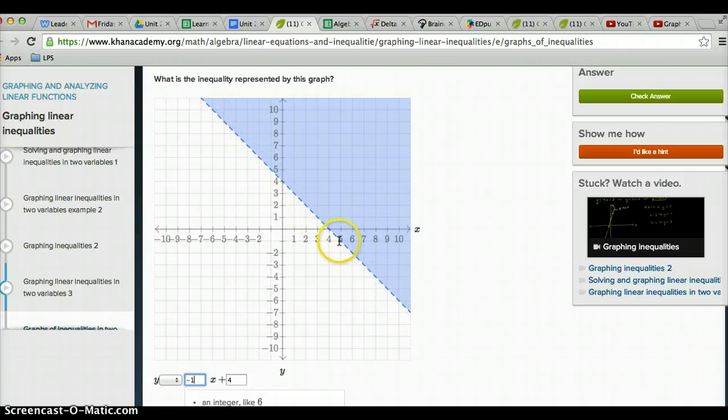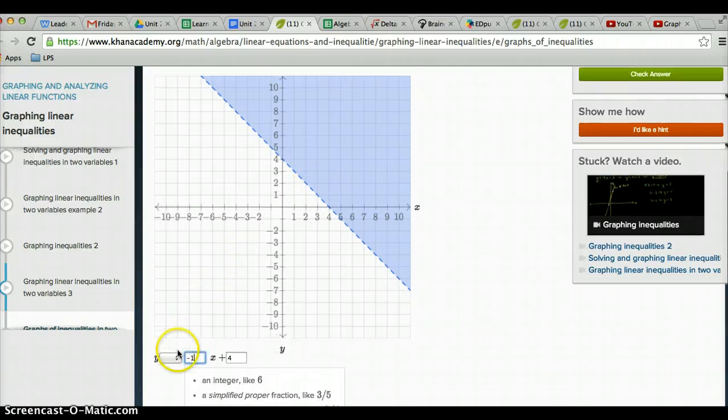So things along this line are not solutions, which means we're not looking at an equal to sign. So when we choose the sign, we're not going to choose this one because this is less than or equal to, and that would be a solid line. And we're also not going to choose this one, greater than or equal to, because again, this is also a solid line. Since we have a dashed line, we're either going to do greater than or less than.